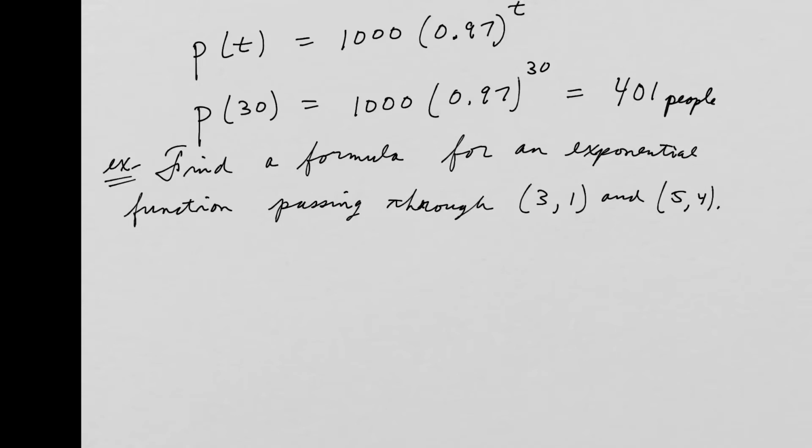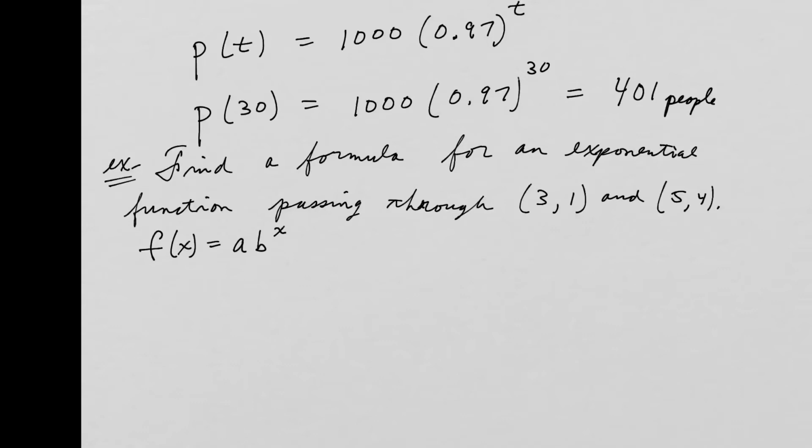Next section we'll really start looking at these graphs, but for now I just want to come up with an exponential function where those 2 points satisfy the function, because the graph passes through those 2 points. The way to do this type of problem is to start with our general exponential function, which we write as A times B to the x.